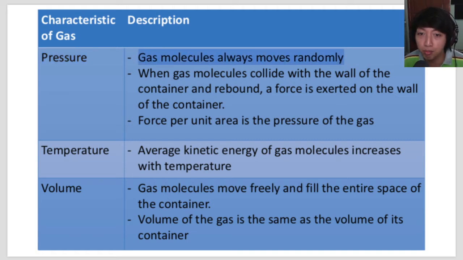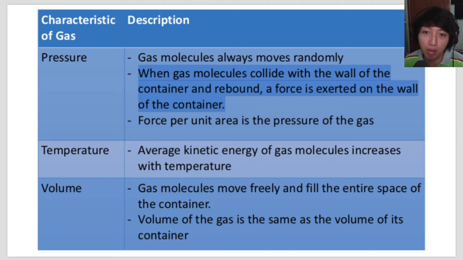So we know that gas molecules always move randomly, right? It's not like a solid where the molecules are fixed, but they vibrate in a fixed location. In a gas, all the molecules are free to move in any direction. And we also remember that when gas molecules collide with the wall of the container and rebound, a force is exerted on the wall of the container. So imagine those molecules moving around.